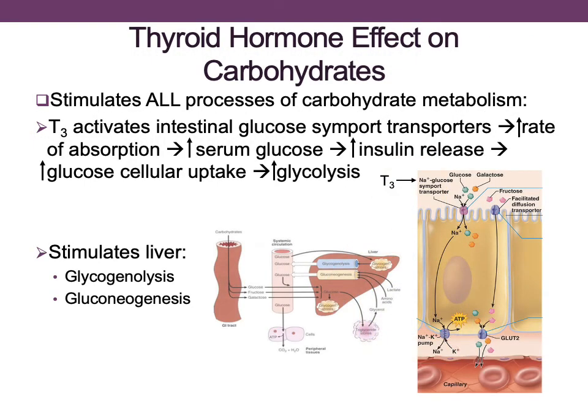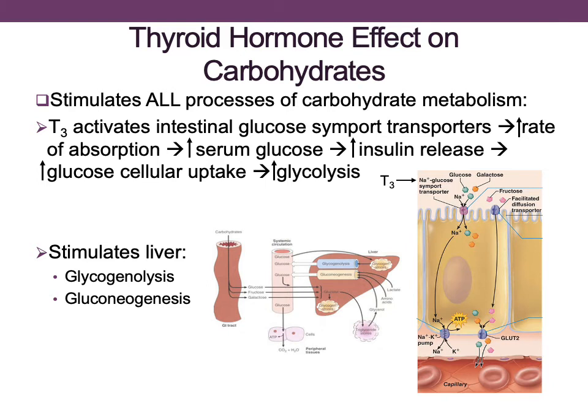Thyroid hormone effect on carbohydrates. Thyroid hormone stimulates all processes of carbohydrate metabolism. T4 activates intestinal glucose transporters, which will increase the rate of absorption. This will lead to increased serum glucose, which will then stimulate an increased release of insulin.